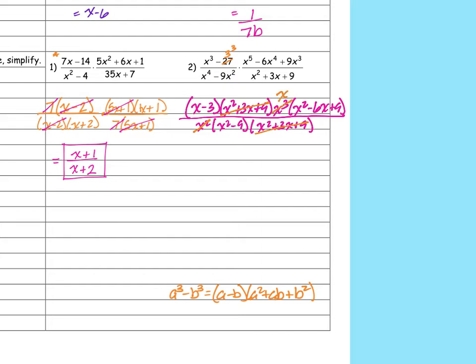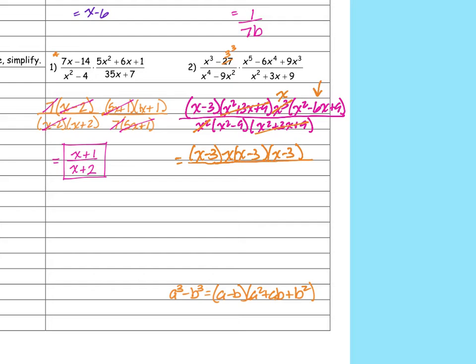So now I'm going to factor everything else out because I have some more things I can factor: x minus 3, and then I have an x. And then what does this right here factor to, you guys? Oh yeah, x minus 3 times x minus 3. Yeah, that's right.